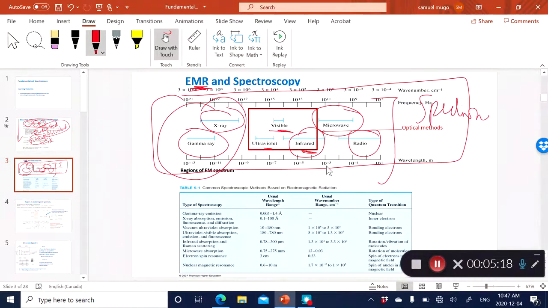All of them can. You can have X-ray spectroscopy, even microwave spectroscopy and so on. But in most cases, you're going to see these three, UV, visible and infrared, form the basis of most spectroscopic techniques, and that's why sometimes they are called the optical methods.